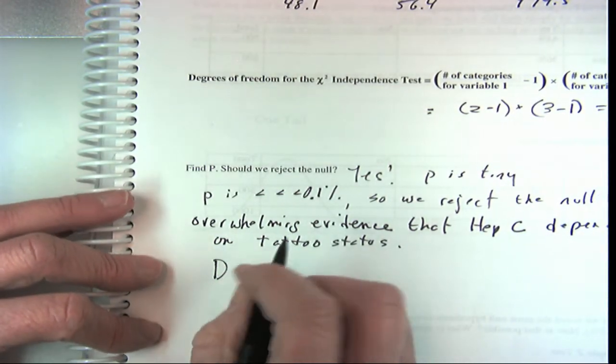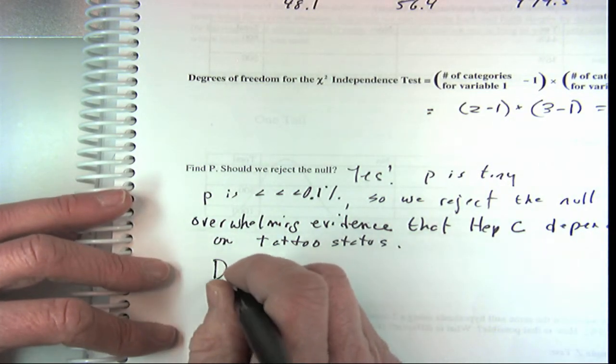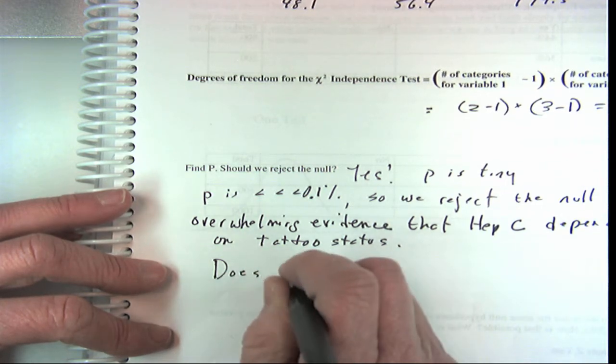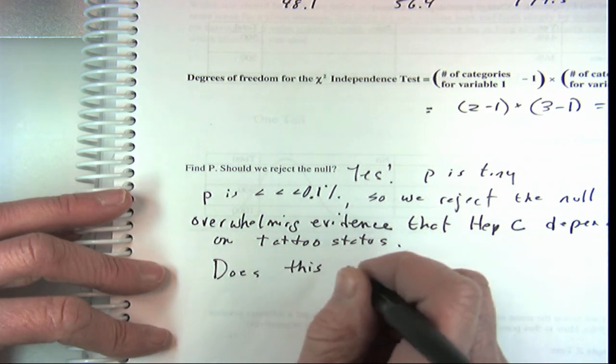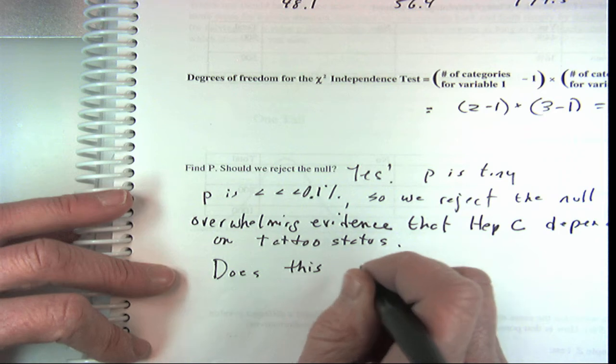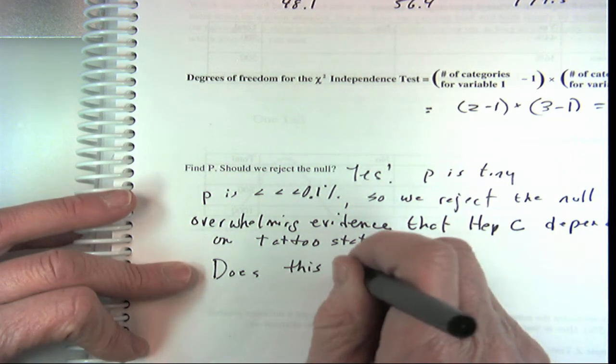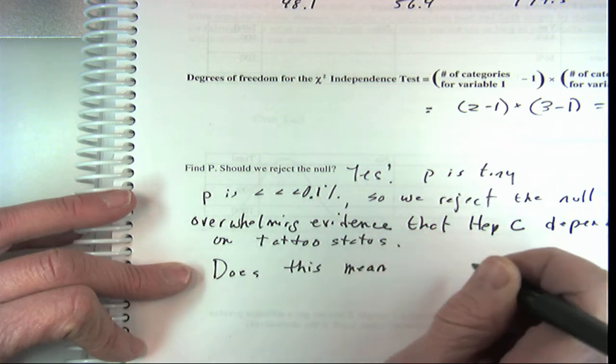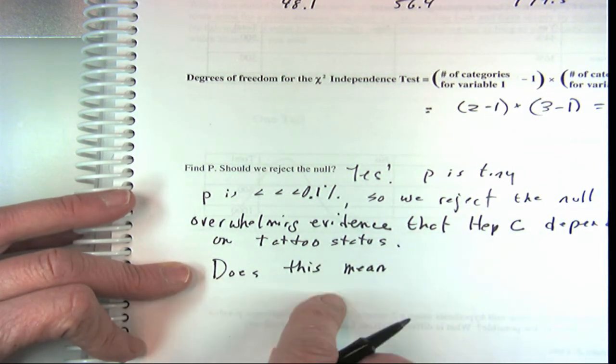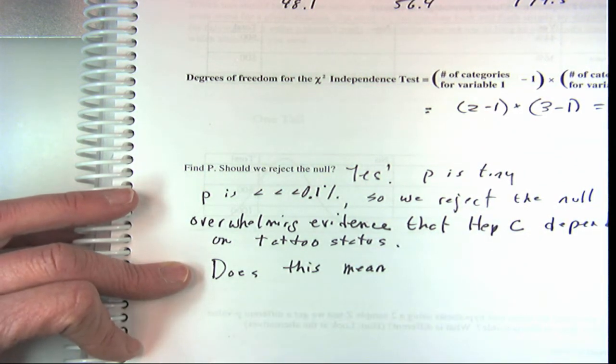No, we haven't proved that it's causal. We just see an association. We didn't randomly assign the people to the different categories. You didn't randomly have them get tattoos at different places. They were just randomly selected from a large population. So we can extrapolate to a large population, but we can't infer causality.